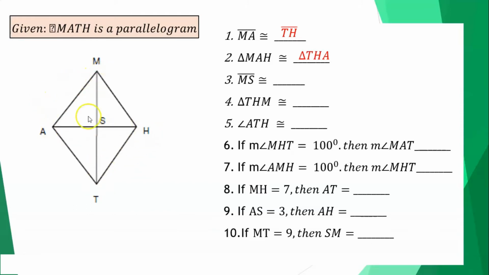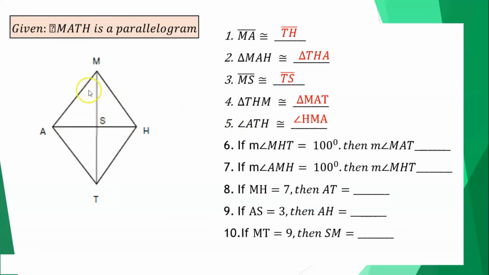And segment MS is congruent to segment TS. Triangle THM, that's the right triangle, is congruent to triangle MAT. Another, angle ATH, which is this angle, is congruent to angle HMA.